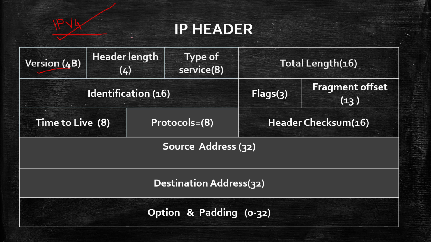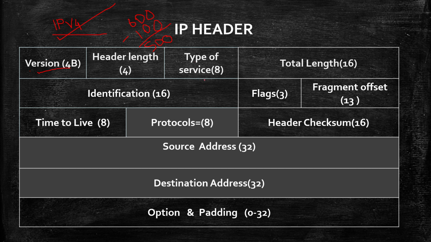Just an example: we say the packet is 600 bytes and the header is 100 bytes. So what is our pure data? 500 bytes. This is our pure data.